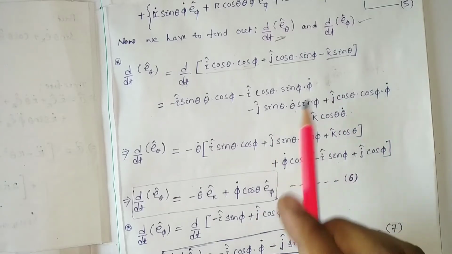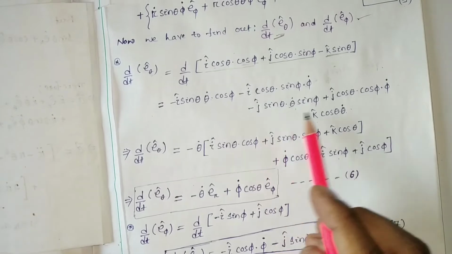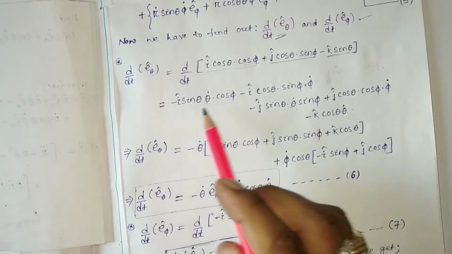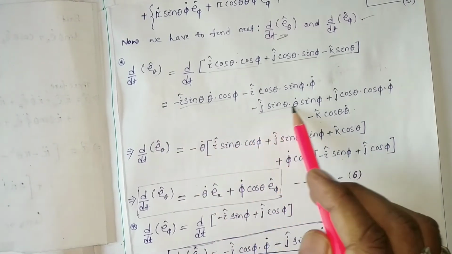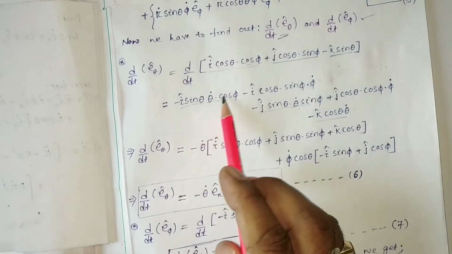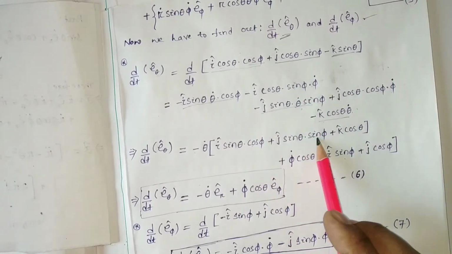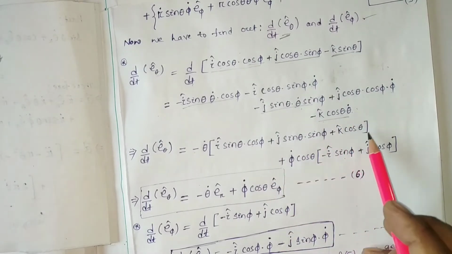See, here three terms are theta dot. So minus theta dot taken common from these three terms, then what we can get: minus theta dot times I cap sin theta cos phi, j cap sin theta sin phi, plus k cap cos theta.